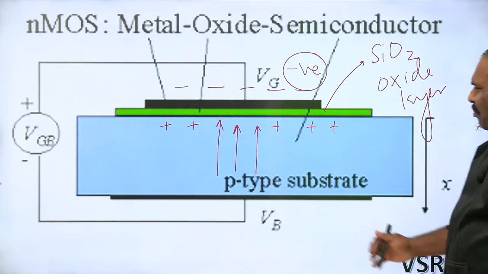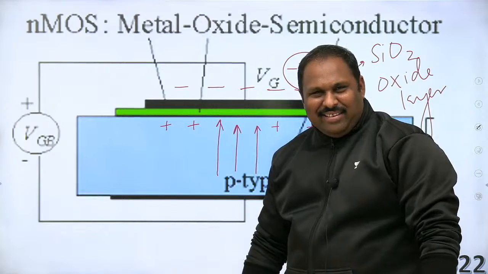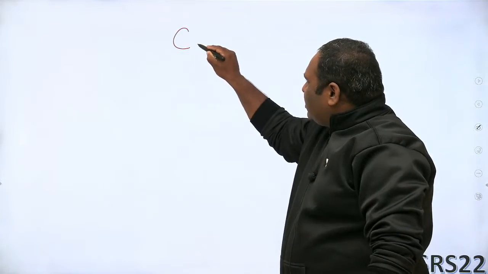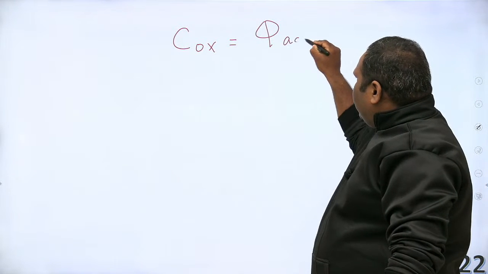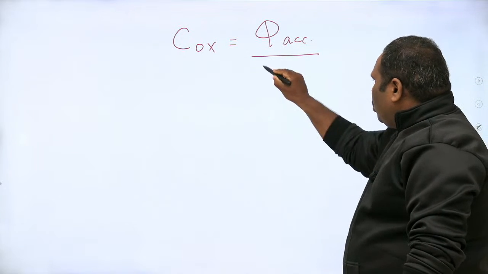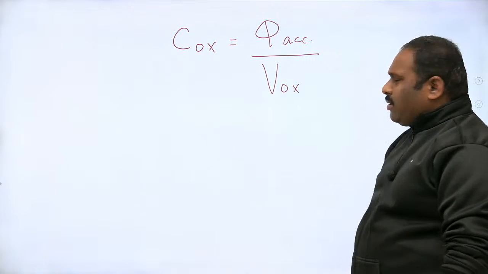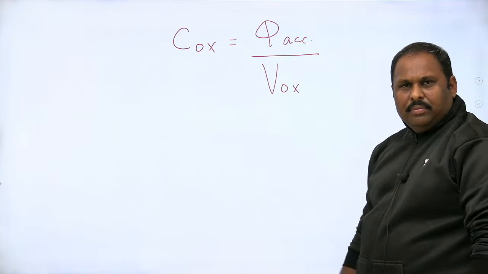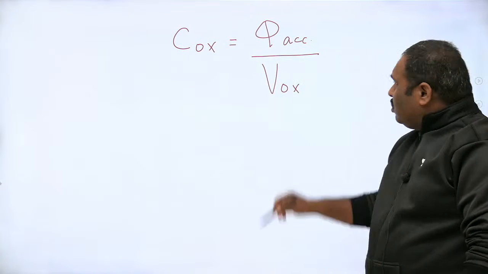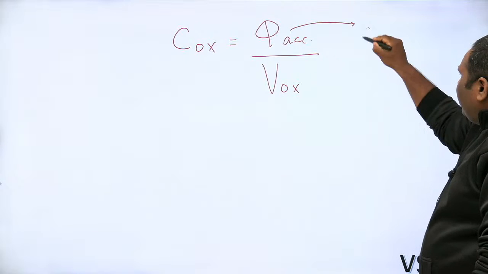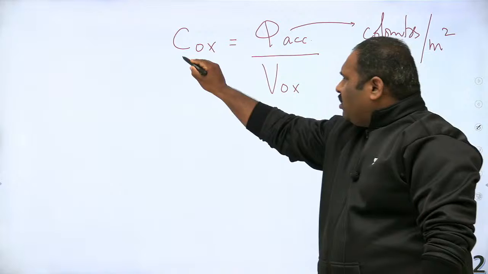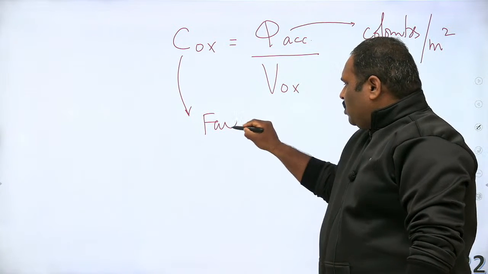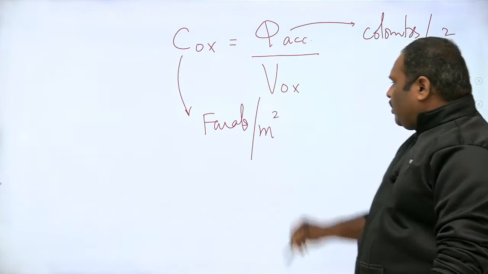तो जब आपको इतनी कॉन्फिडेंटली accumulation mode पता है, what is your problem in writing that your capacitance C is just nothing but Q that got accumulated because of the voltage across the oxide layer? That's it. If you write Q, this is charge, but if it is coulombs per meter square, then it will be farads per meter square.